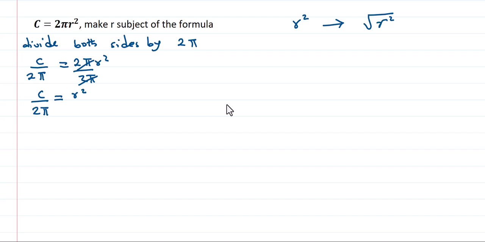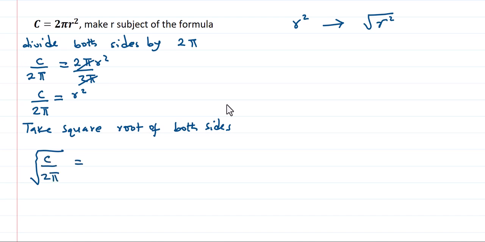The next step is to take the square root of both sides. That becomes square root of C over 2 pi is equal to square root of R squared. And that makes our R squared just becomes R. And then we have C over 2 pi. And that's our final answer.